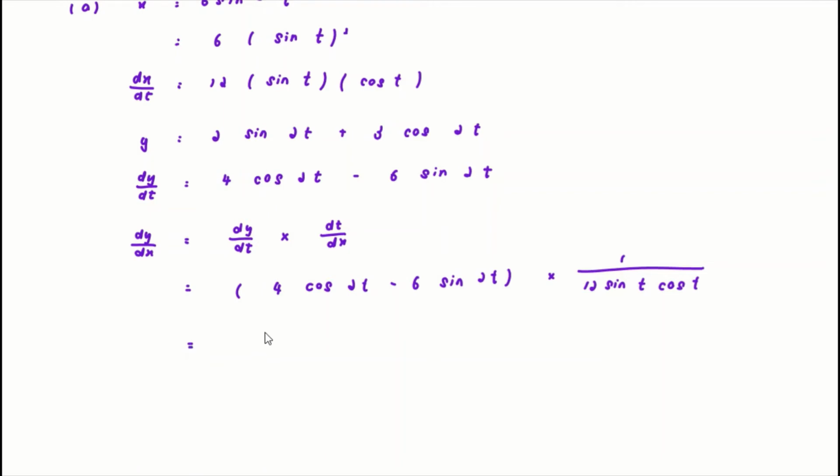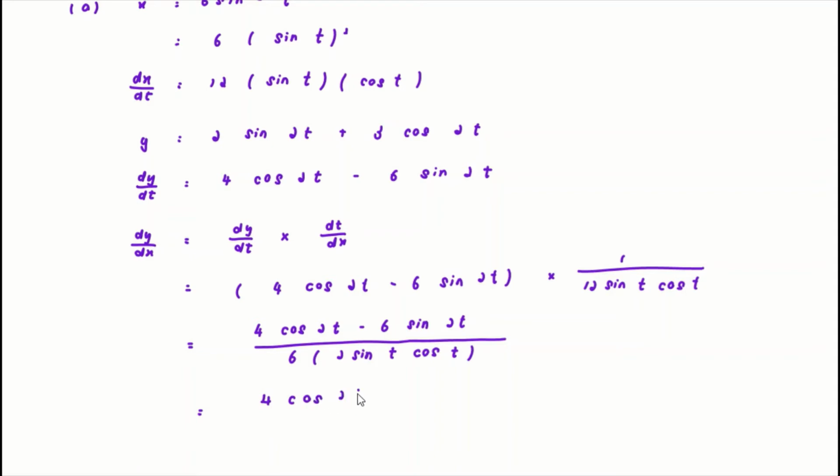So let's put them into the numerator. Change to the form where you understand first. So 6 times 2 sin t cos t, and 2 sin t cos t is equal to sin 2t.